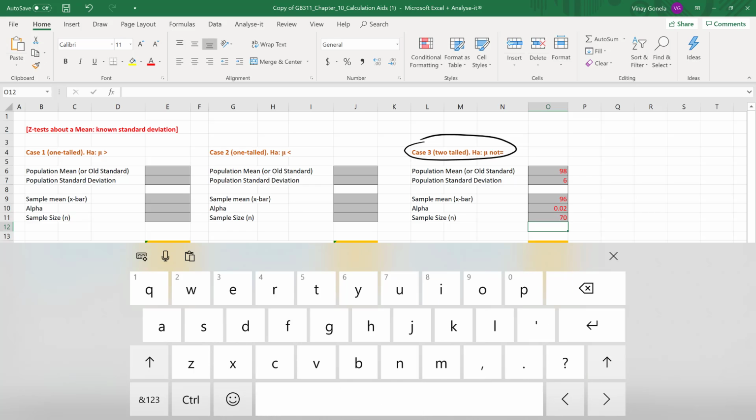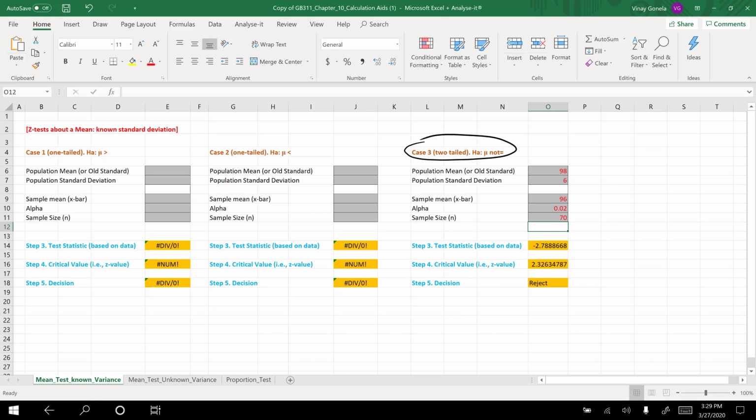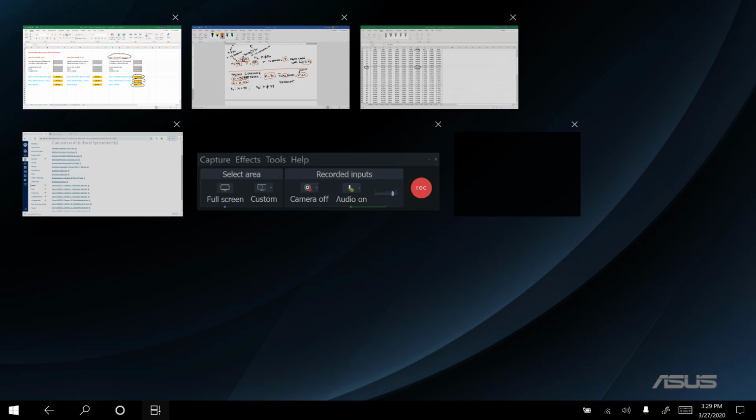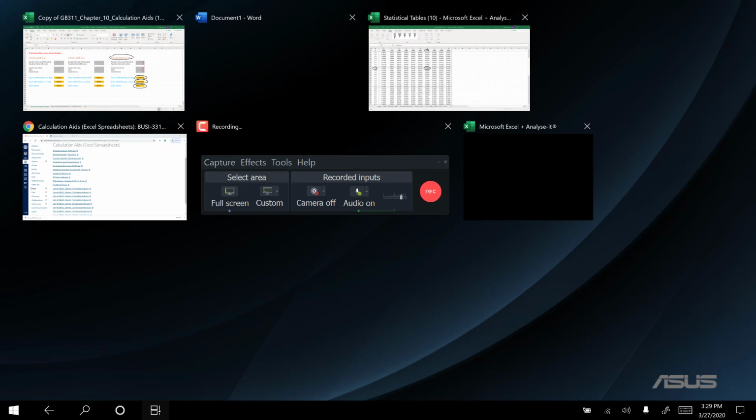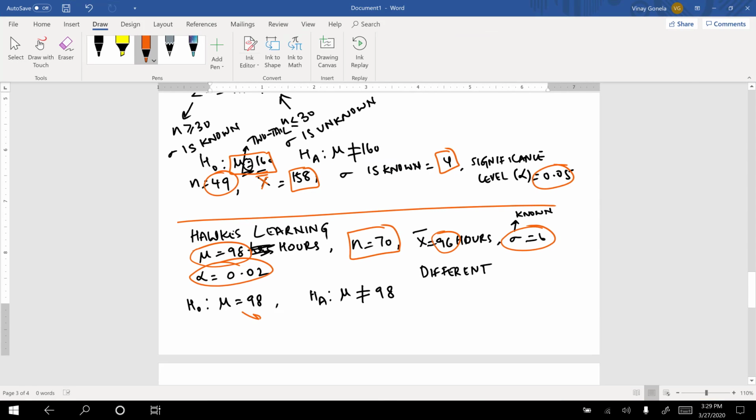So I hit enter. We got our test statistic value and our critical value, and they are asking us to reject the null hypothesis. That means this statement is false.